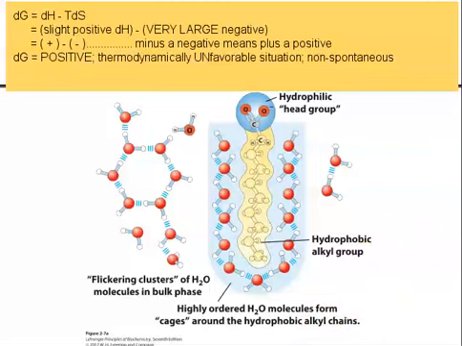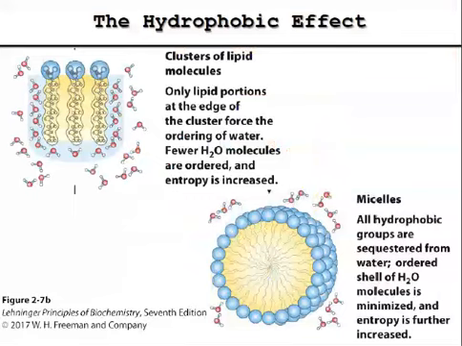Well, how can we try to make this a little bit more favorable? We want to minimize the surface area here. So we want to arrange our hydrophobic molecules in such a way that we minimize the amount of surface area that's going to force order in the water molecule. So let's take a look here.